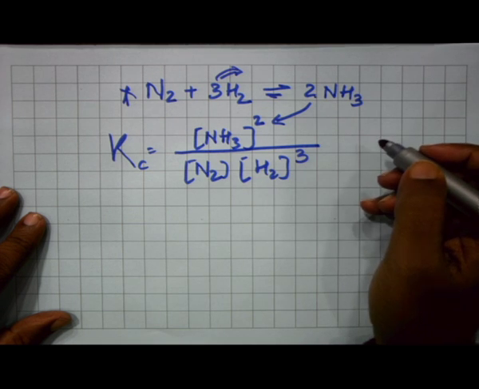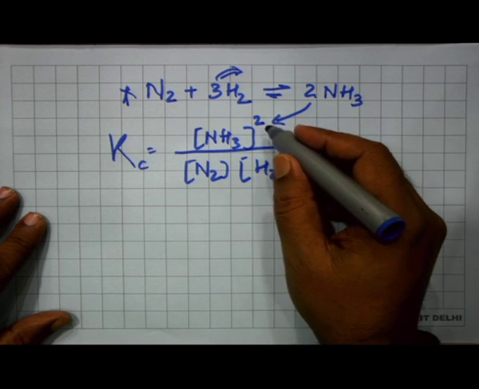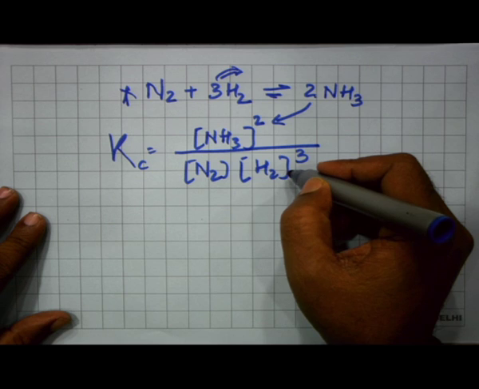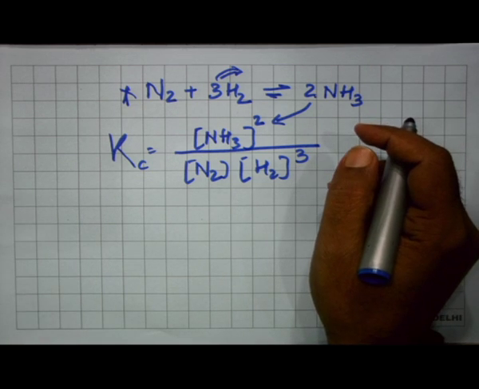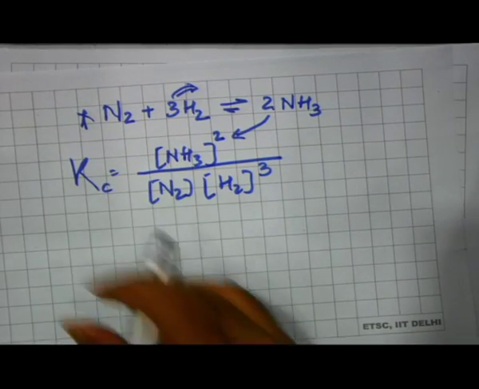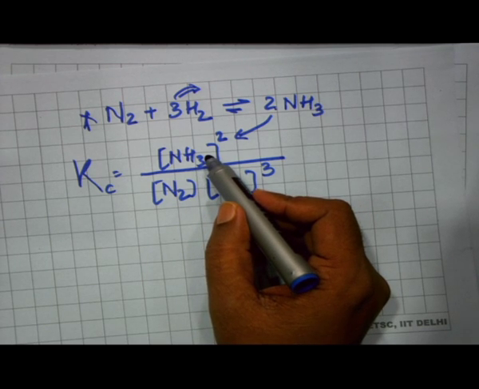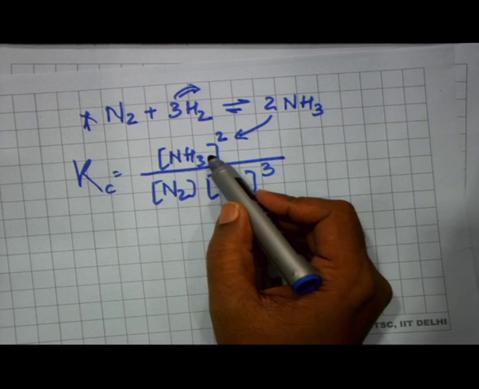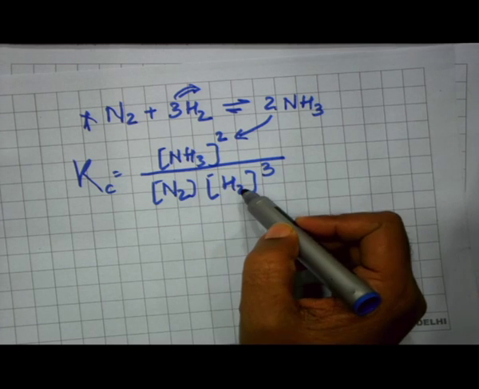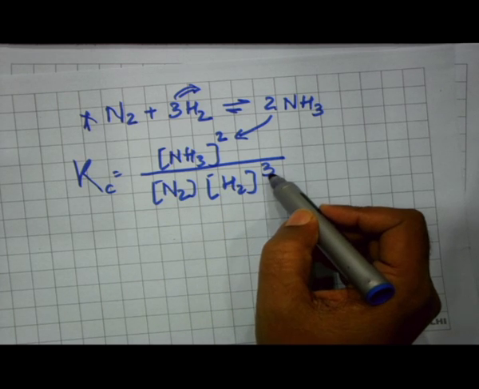And this is how we calculate the equilibrium constant: [NH3]^2 divided by [N2][H2]^3.